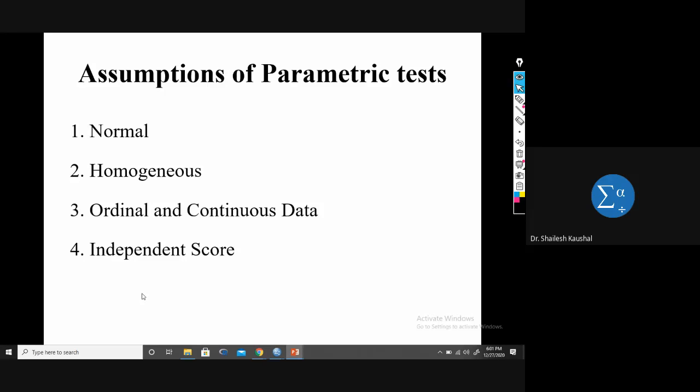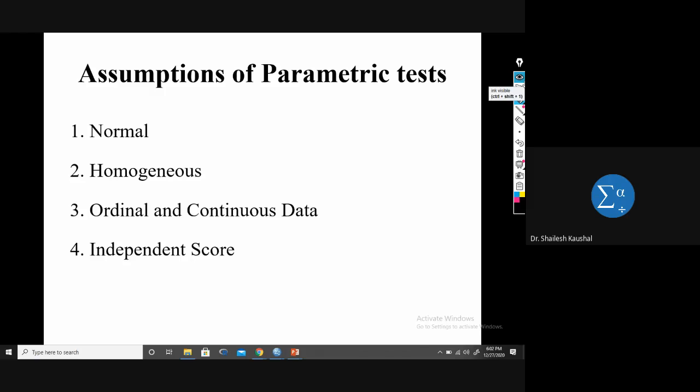Now, the assumptions of parametric tests. Basically, there are four types of assumptions in a parametric test.